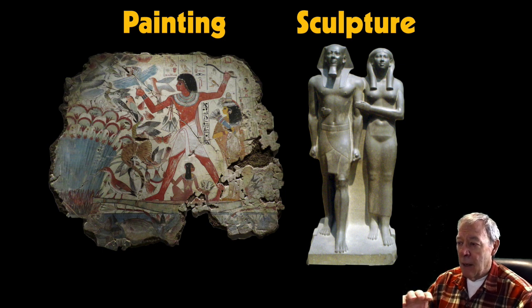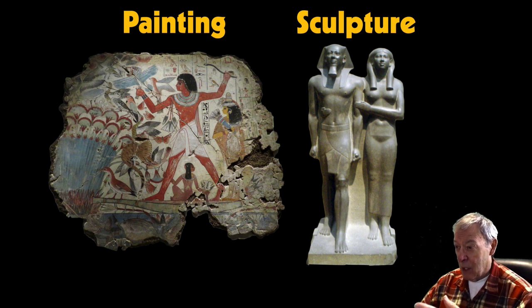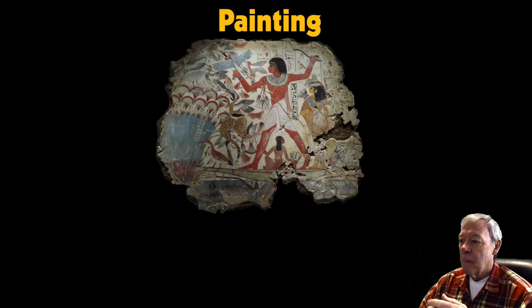But let's delve a little deeper into the rationale, into the mindset of the Egyptian patron and the Egyptian artist to see if we can learn a little bit more about both of these art forms. So we'll start with painting to begin with.